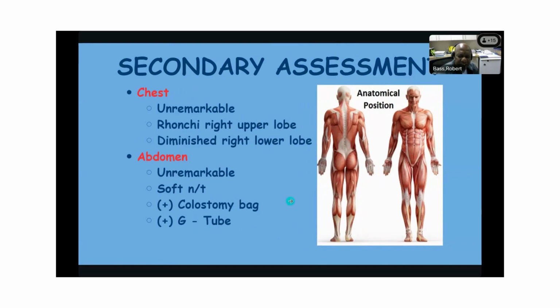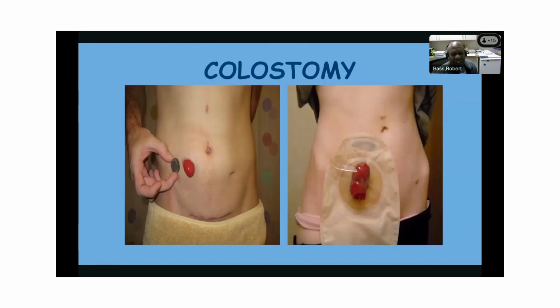Abdomen is soft, non-tender. He has a colostomy bag and a G tube. When we talk about a colostomy, this is what a colostomy is. This is where either the large or the small intestine, a portion of it, is attached to the abdominal wall.